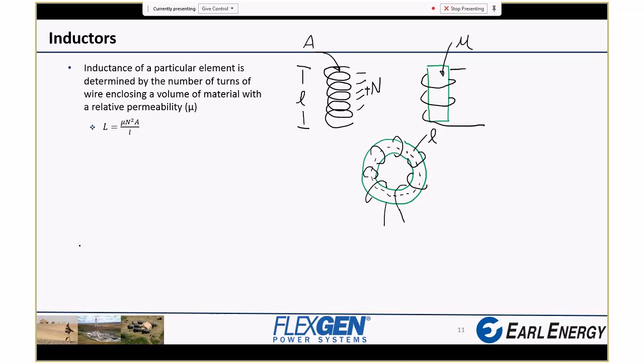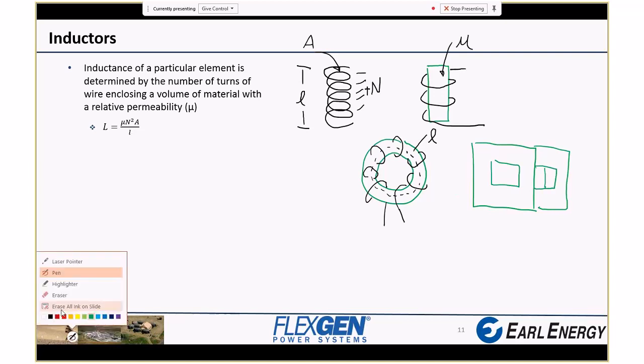This could also be done as a square, and this could actually have even a third leg out here. Let's draw that just to make it interesting. These kinds of shapes are where things get more interesting, because you can wrap the turns around these inner legs here.